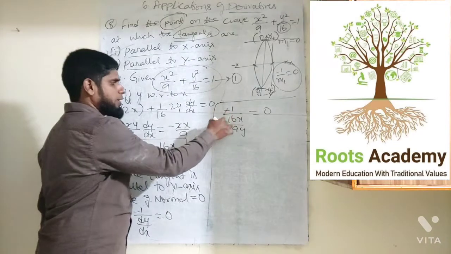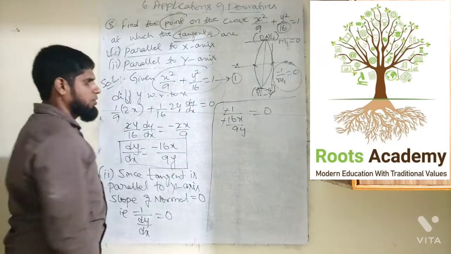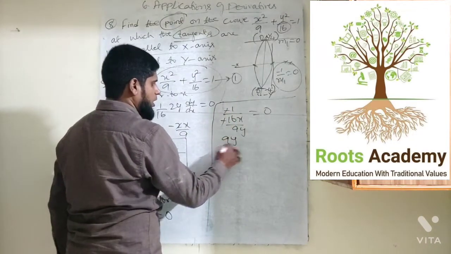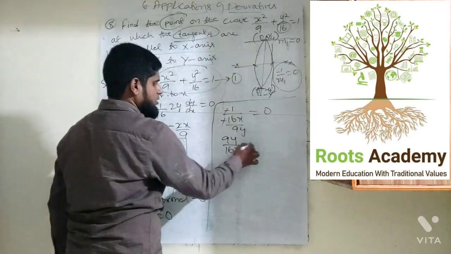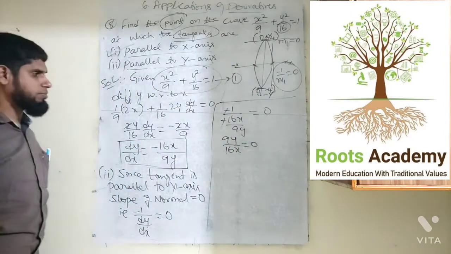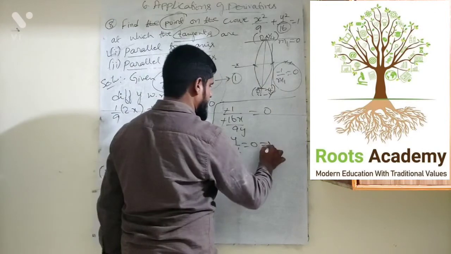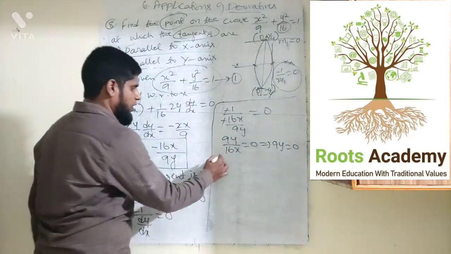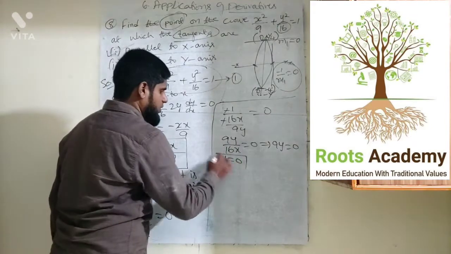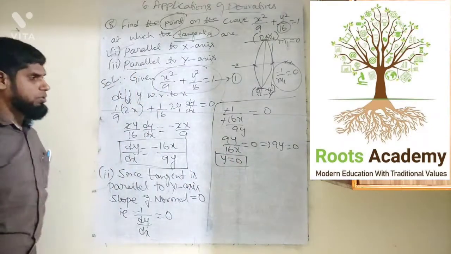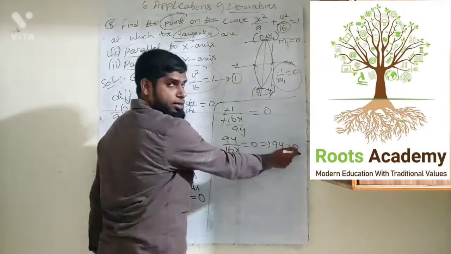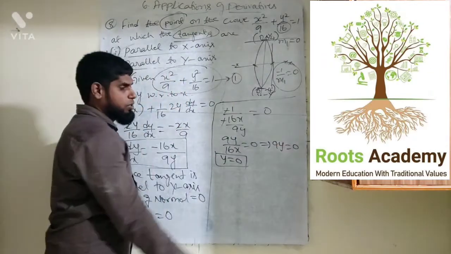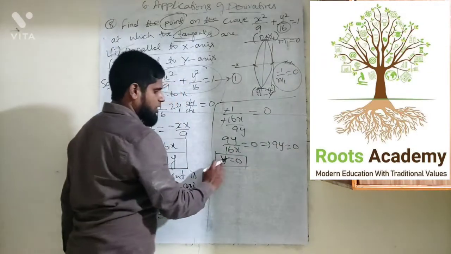So your minus and minus get cancelled. Finally, this becomes 9y by 16x is equal to 0. With this, I will get 9y is equal to 0. 9 gets cross multiplied towards 0, so 0 by 9 is 0. Finally, y is equal to 0.